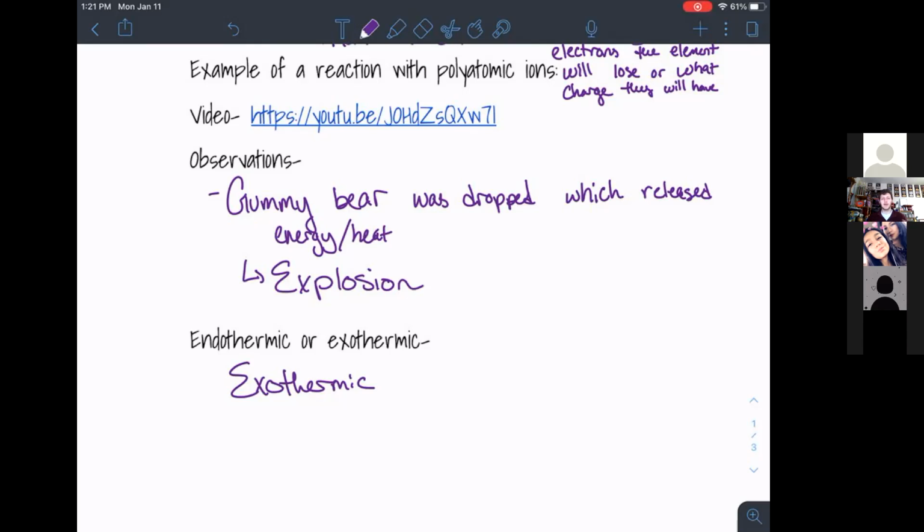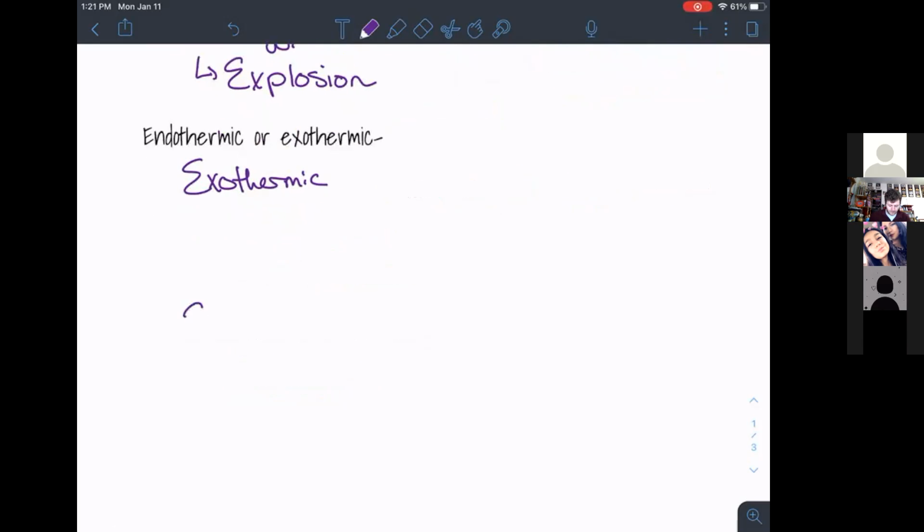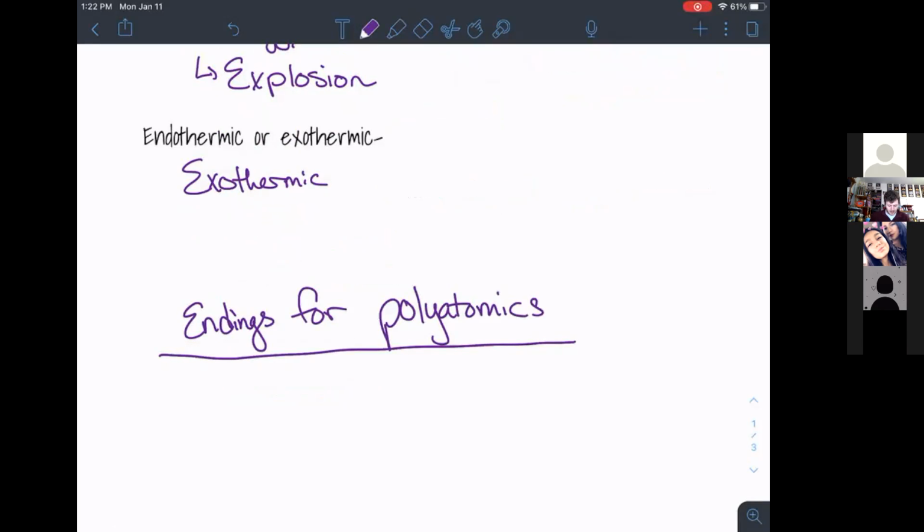Chlorate kind of looks like chlorine, except for there's that funny ending that you're going to see. So that ending is one of the polyatomic ion endings that we're going to look for. So if you see either of these two endings, ATE or ITE, that's going to tell us we're looking for a polyatomic ion rather than looking for an element from the periodic table.